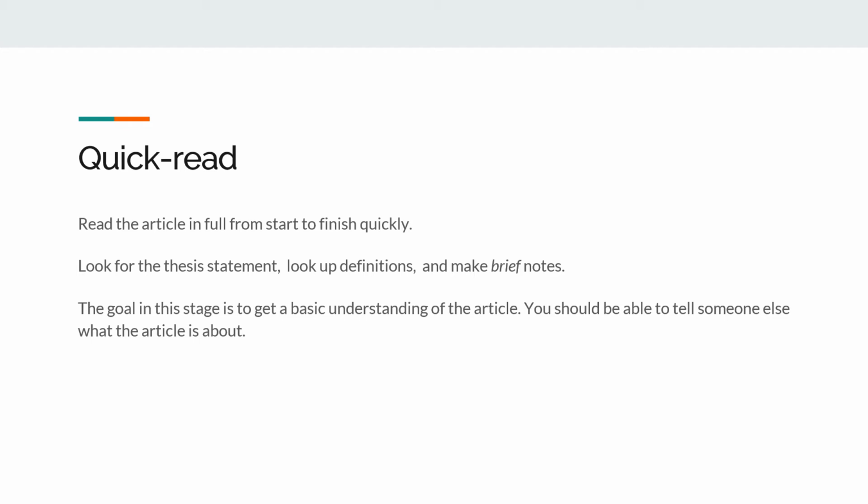Now, this is kind of an annoying part about reading philosophy, is that it's going to require multiple read-throughs. We might not think that typical textbooks require this.